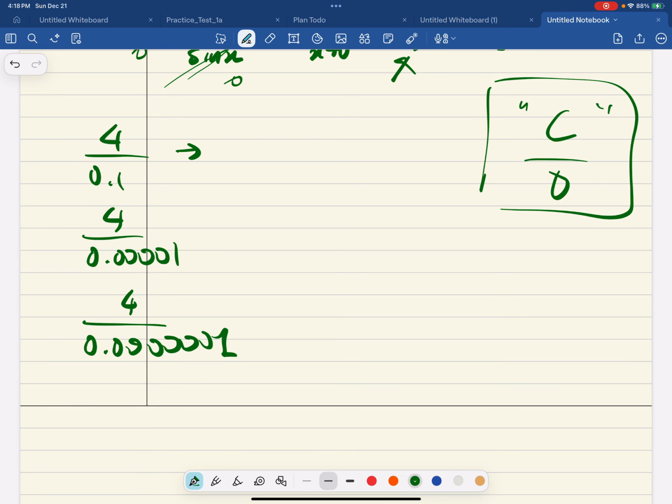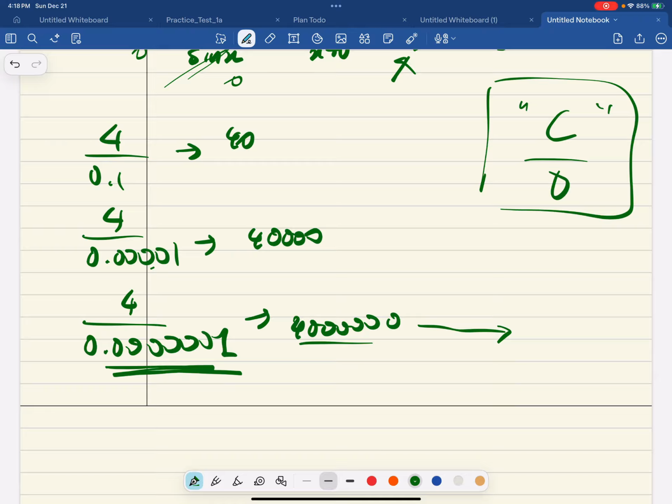But if you type it into your calculator, this will give like a 40. This will give 400. And this will give even more zeros. I am not precise, but it just gives more zeros as the value at the bottom becomes smaller and smaller, because we're dividing something, that's an apple, by a very, very small number.